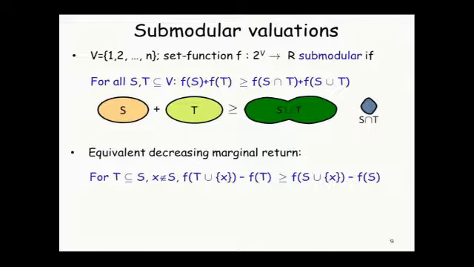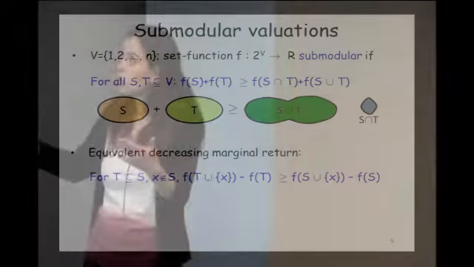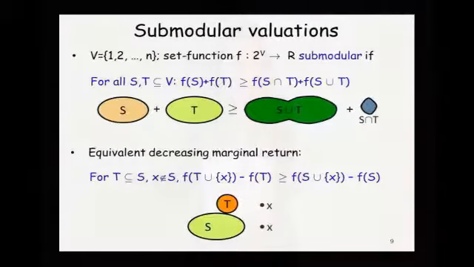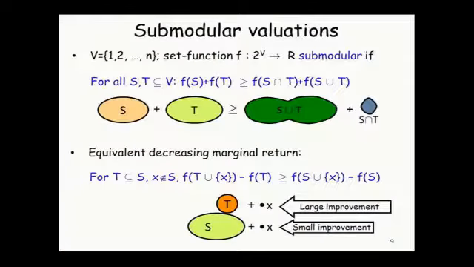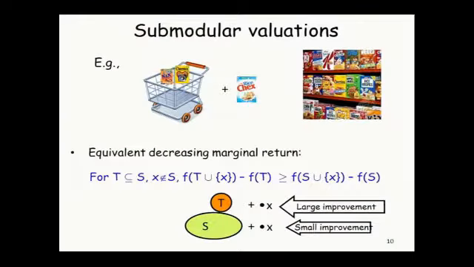And it's well known that one can show a function is submodular if and only if it satisfies an intuitive notion of decreasing marginal returns, which says that for any two subsets T and S of the ground set, if T is a subset of S, then for any x not in S, the marginal value of x given T is greater than or equal to the marginal value of x given S. So for instance, the value to you of a new box of cereal is lower if you already have cereal in your cart.